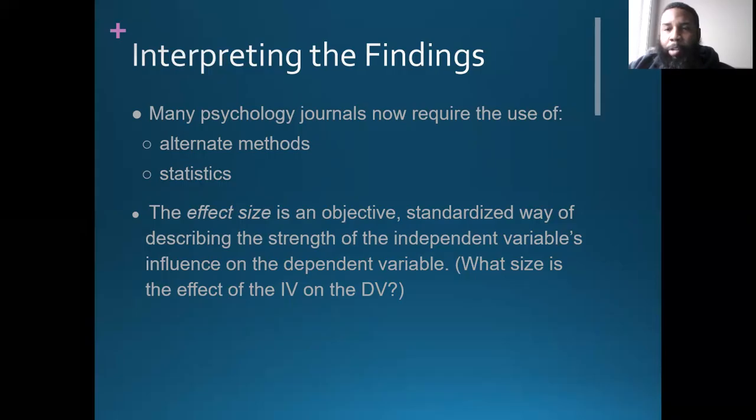I want the p-value to be less than 0.05. So I want there to be only a 5% chance that it's due to chance. And then effect size is: what is the strength of the relationship between my independent variable and my dependent variable? How strong of a change and an effect do I see in my dependent variable as a result of the changes I implemented in my independent variable?